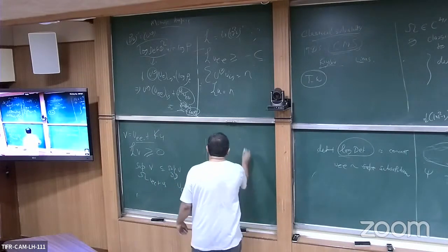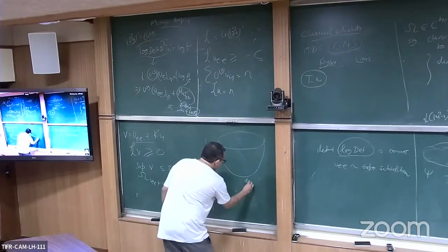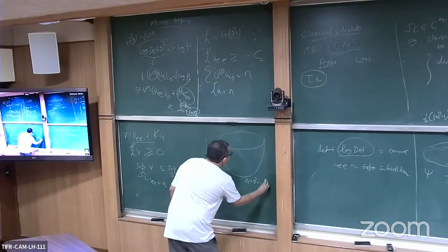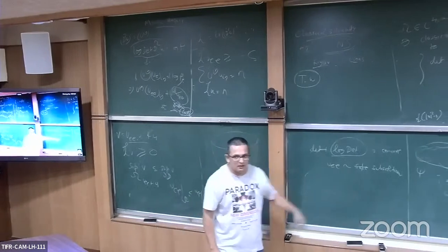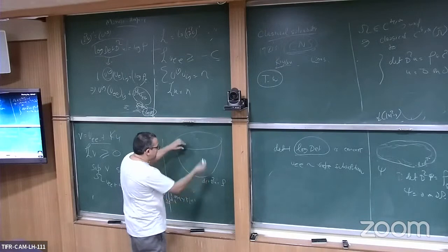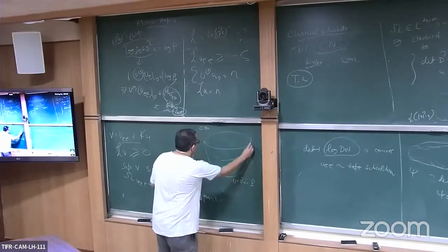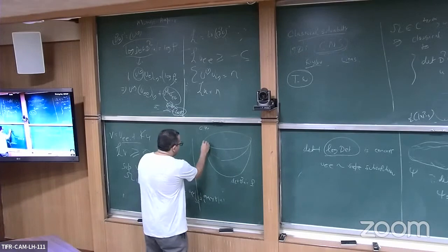But this is not very difficult to do. Suppose this is my solution, and I know that the determinant of d square u equals f, with f bounded. What I do is take a small multiple c of psi, which is above, and a large multiple of psi, which is below.